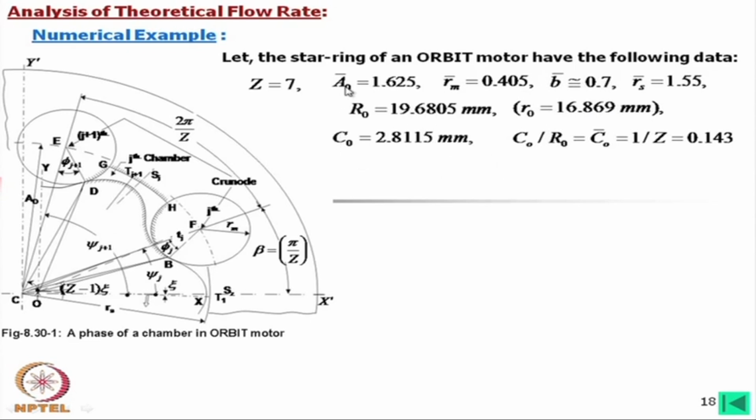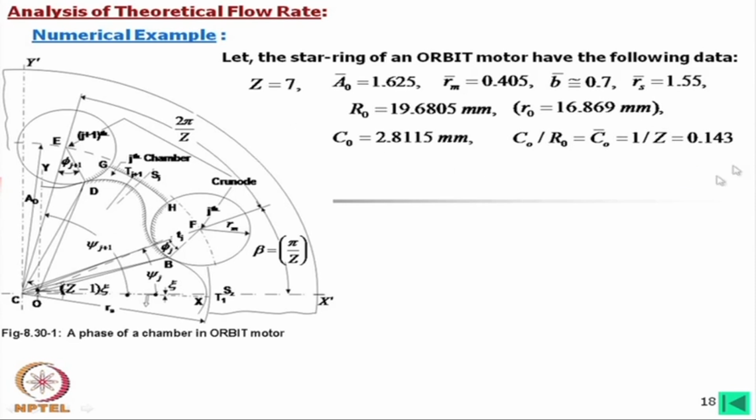Interestingly, we use A0 and Rm bar, but we never use this C0 bar, because C0 bar is nothing but 1 by Z. You will find the relation capital R0 by small r0 is nothing but Z by Z minus 1, so their difference will be 1 by Z. This means that C0 bar is 1 by Z. So, in the formula, not C0 bar but only 1 by Z is used.